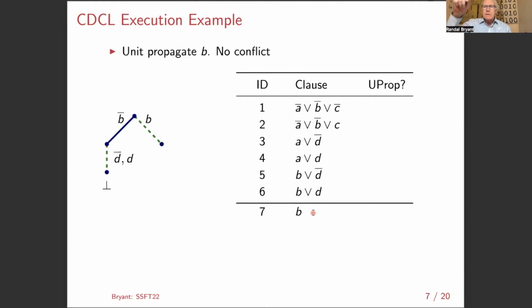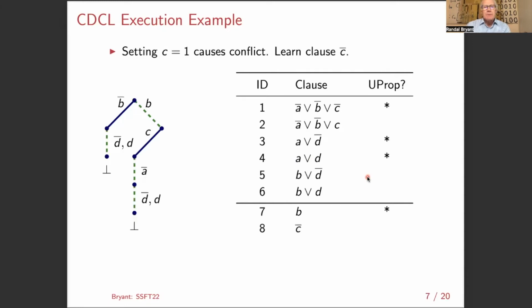I go back to the top of my loop and I start a new case of the inner loop. And now I can do unit propagation on b. So you see it's expanding my search tree just by the existence of this conflict clause that I've learned. I have to assign b to be 1. And when I do that, I don't get any further unit propagations.